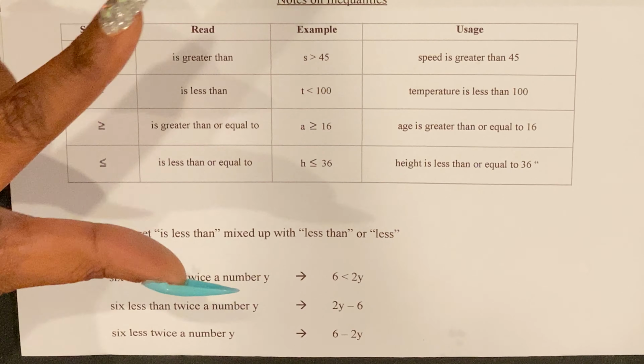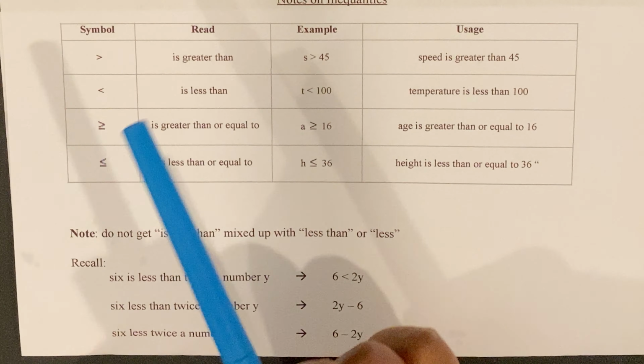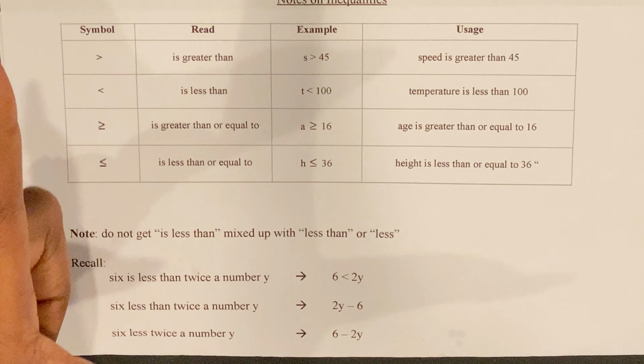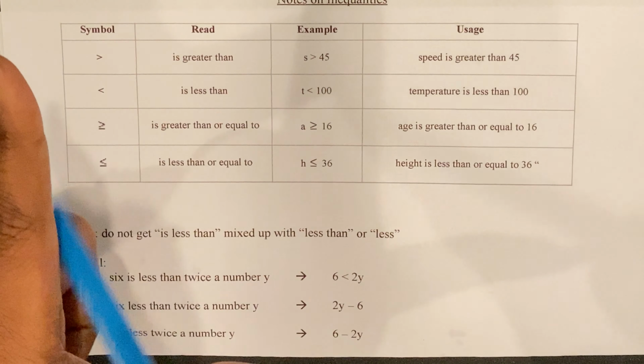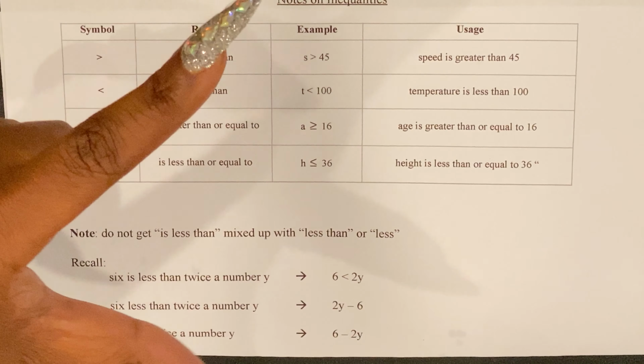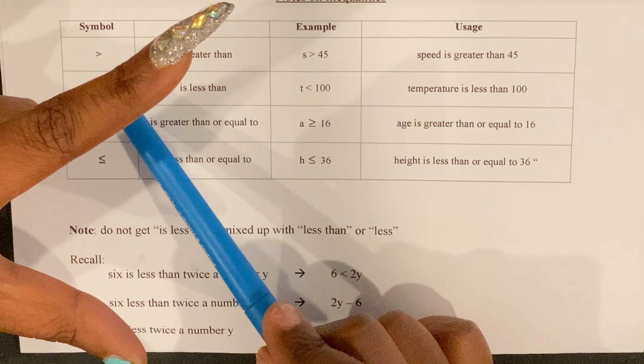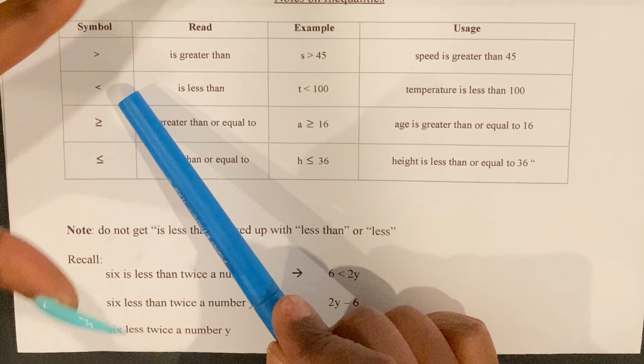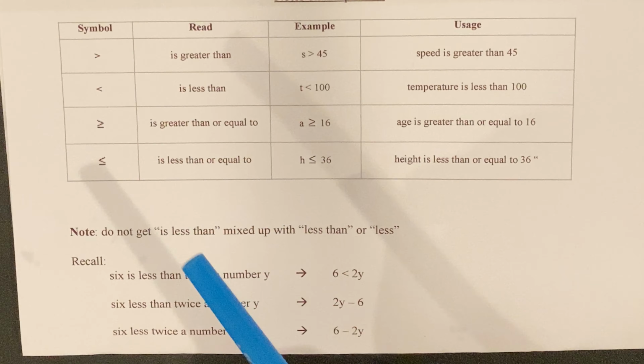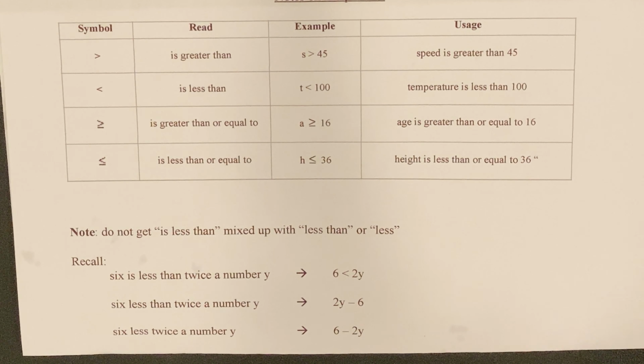This is our less than symbol. If you ever forget the difference between greater than and less than, make an L. L stands for less. Turn it this way, less than. Greater than is going to be the opposite way, all right?